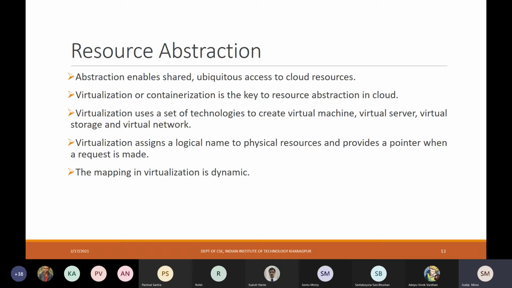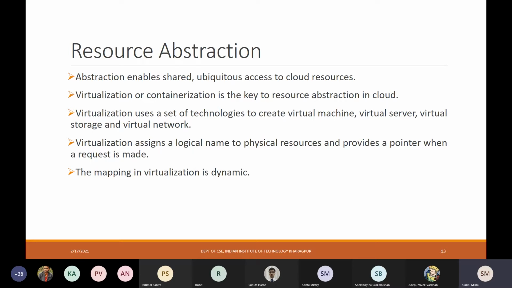Okay, so the overall idea is that through the process of abstraction, you will be enabling these limited physical resources to be shared ubiquitously to these different applications or users based on their individual requests, right? So abstraction enables shared ubiquitous access to cloud resources.